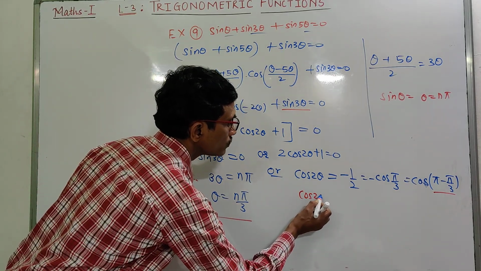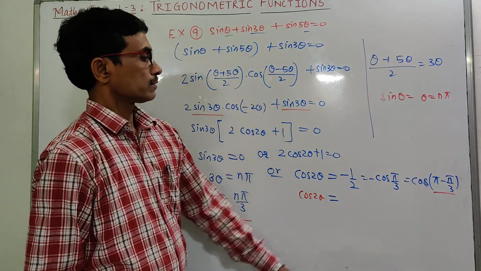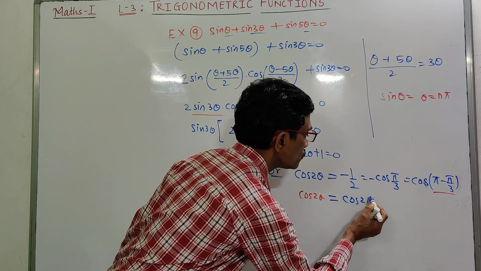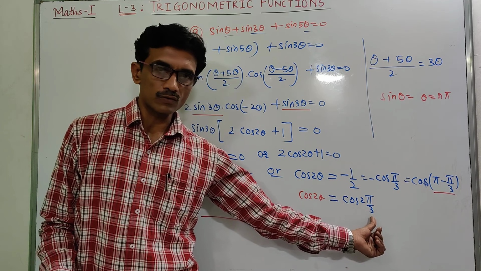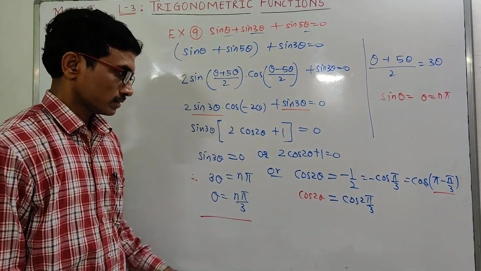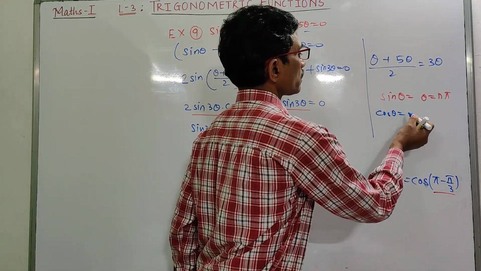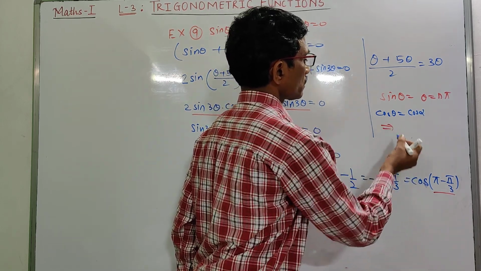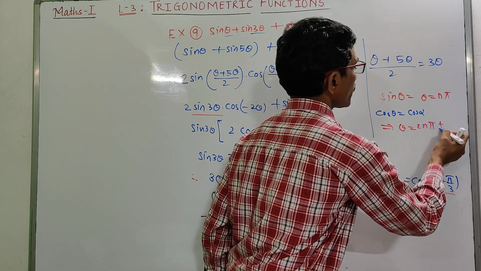Cos of 2 theta is equal to cos 2 pi by 3. So thus cos 2 theta is equal to cos 2 pi by 3, which means cos theta is equal to cos alpha. So we apply cos theta is equal to cos alpha implies theta is equal to 2n pi plus minus alpha.